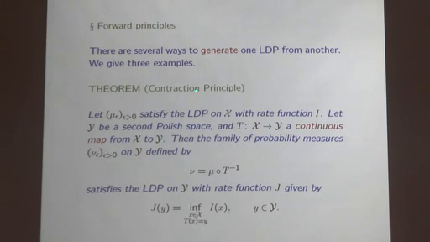It's called the contraction principle, and it is saying the following: suppose you have a sequence of probability measures satisfying an LDP on a Polish space with a rate function I, and suppose that there is some other second Polish space and a continuous map from my original Polish space to my new Polish space, and I apply this map to my probability measure here. So I'm saying what is the image, if I have a mu here, what is the image under T of the measure mu?